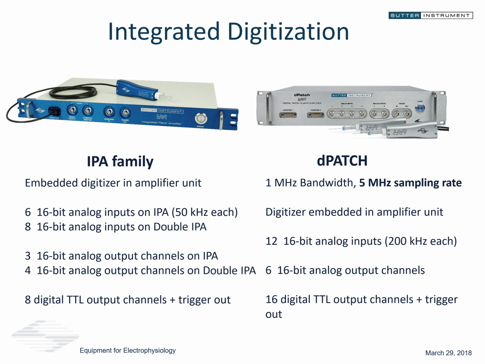Both the IPA and the D-patch do have auxiliary outputs as well as TTL outputs that can be controlled by the SutterPatch software, not just by setting a value, but we could actually create all sorts of custom waveforms to drive the device and to actually regulate all of the timing. So yeah, that's quite easy, and not only for light sources, but all sorts of other systems like perfusion systems, for example.